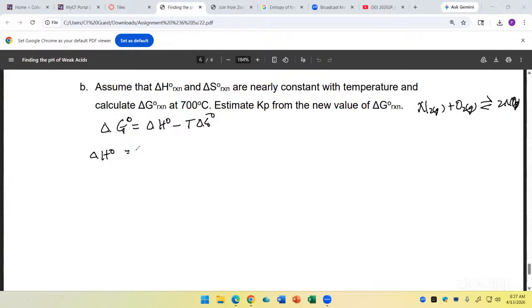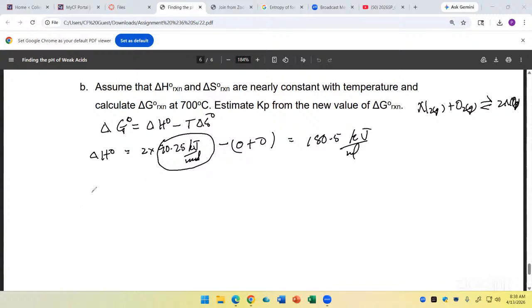So delta H would be the total enthalpy of the products, which would be 2 times 90.25 kilojoules per mole. This value I got from the table for NO, minus, of course, 0 plus 0 for both the oxygen and nitrogen. When I worked that out, I got 180.5 kilojoules per mole, right?